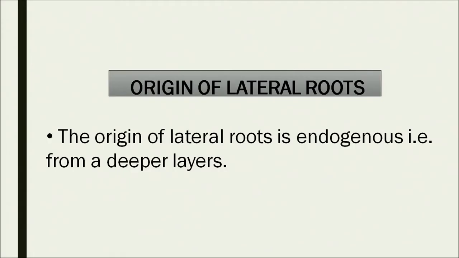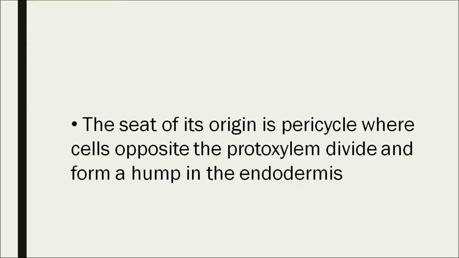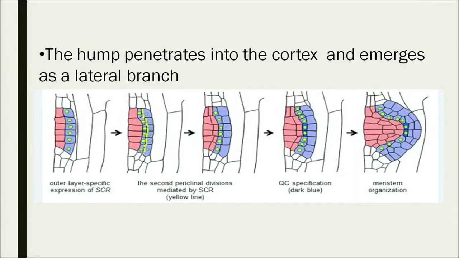The origin of lateral roots is endogenous, that is, it is from deeper layers, and the seat of origin is the pericycle, where the cells opposite the protoxylem divide and form a hump in the endodermis. Can you see this figure? In this very first figure, there are pink and blue, two layers I have denoted with different colors.